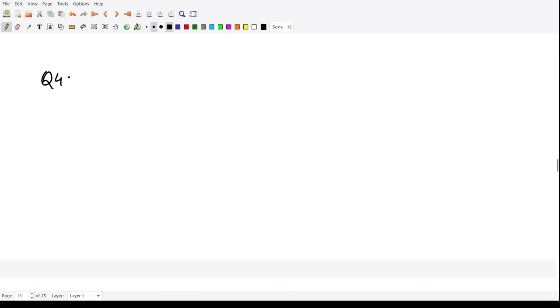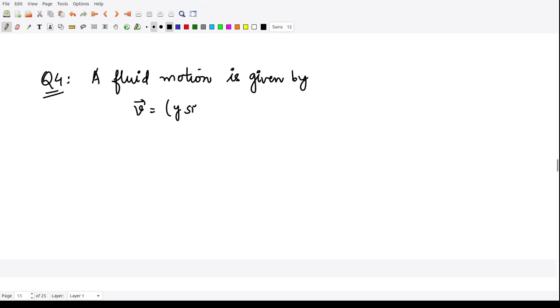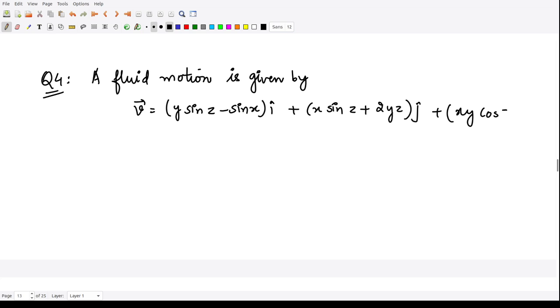So the next, fourth question here is: a fluid motion is given by the velocity of the fluid, that is given to be y sin z minus sin x i cap plus x sin z plus 2yz j cap plus xy cos z plus y square k cap.